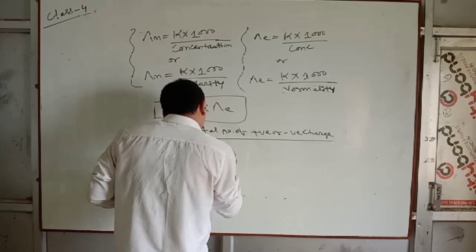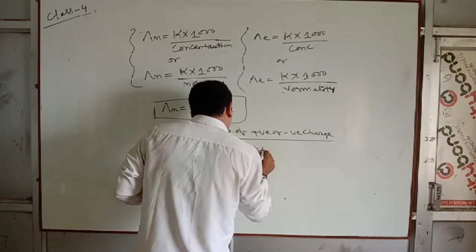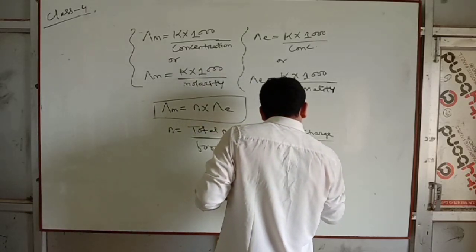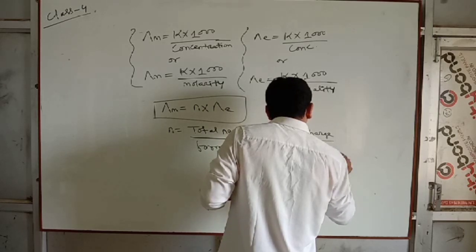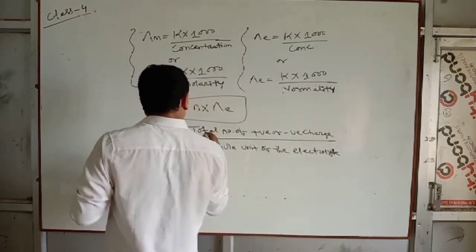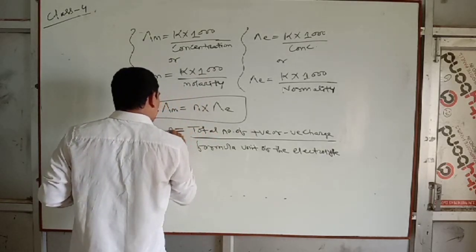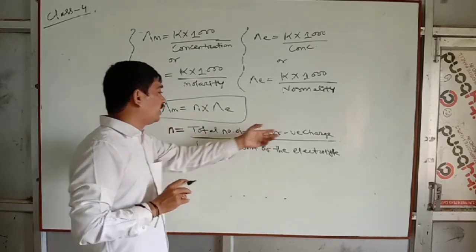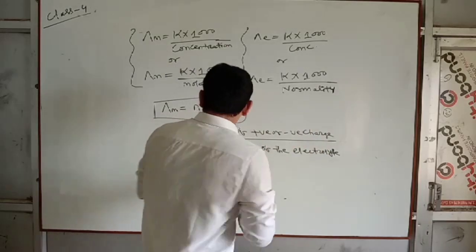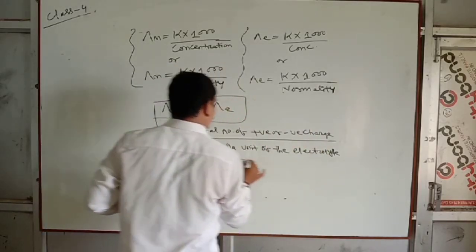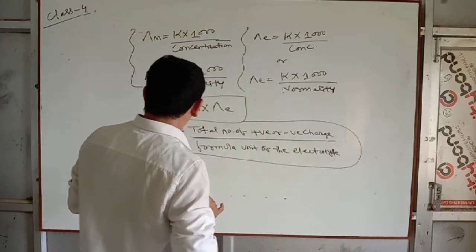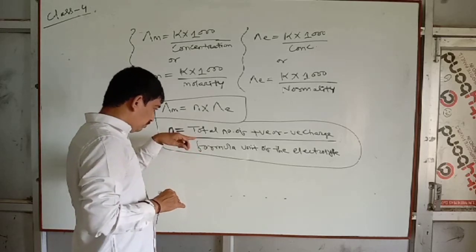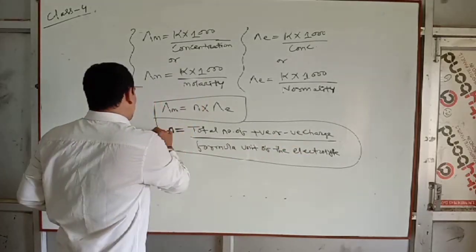n equal to total number of positive or negative charge divided by formula unit of the electrolyte. Clear? So how can you calculate n? Total number of positive or negative charge divided by formula unit of the electrolyte will give the value of n.